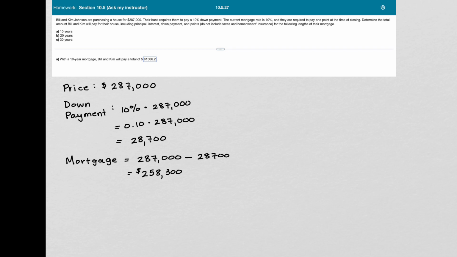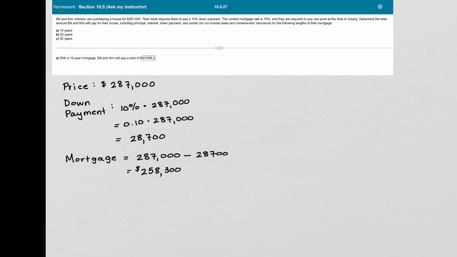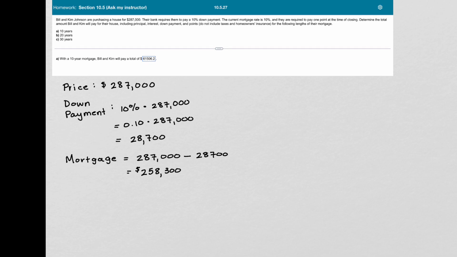Now we also need to calculate that 1 point. Oops, sorry about that. Keep moving the screen. So 1 point is going to be 1% times the amount of the mortgage.